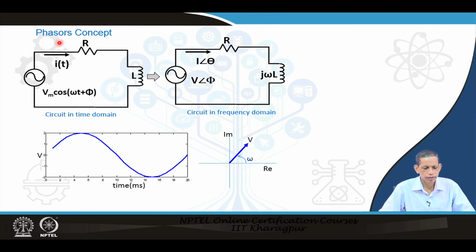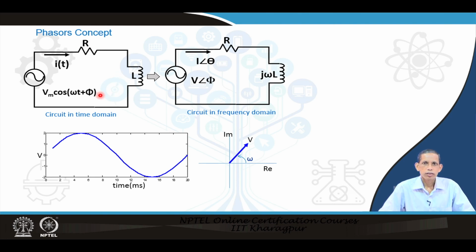So, revisiting on that, we know for an electrical circuit AC system, Vm cos(omega t plus phi) voltage input, current in the circuit, let us say this is an RL circuit.